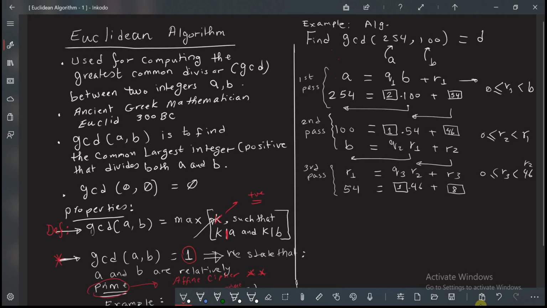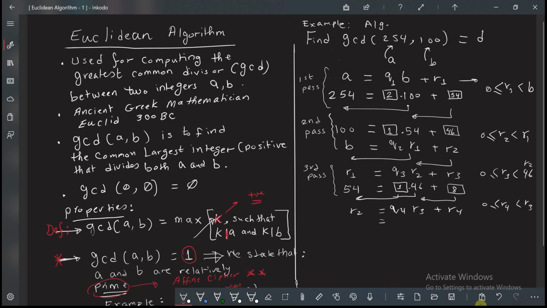Then we do the shifting again, R3 in place of R2. In terms of equation, we'll have R2 is equal to Q4 R3 plus R4. Obviously R4 is greater or equal to 0 and less than R3. So let's put the numbers.